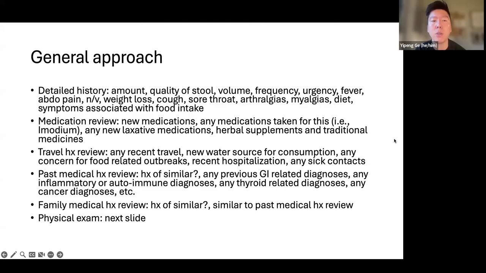Then move to other viral respiratory symptoms, like cough, sore throat, arthralgias, myalgias, so joint pain, muscle pain.